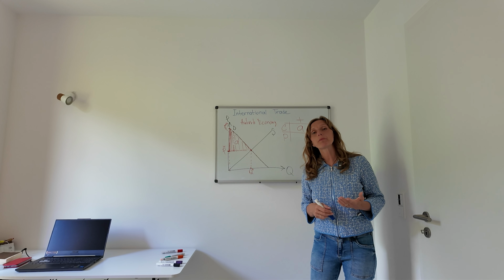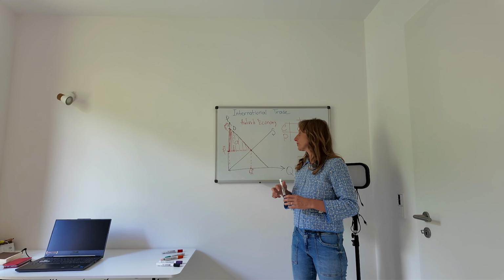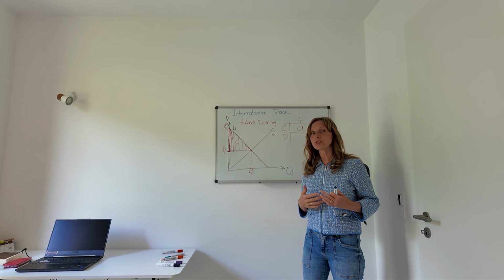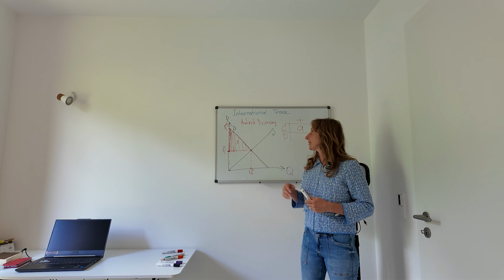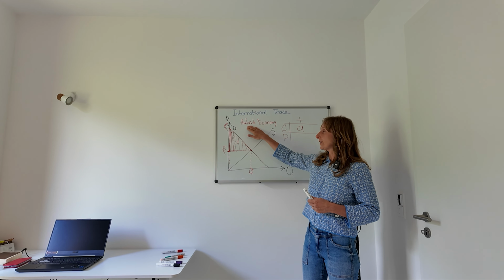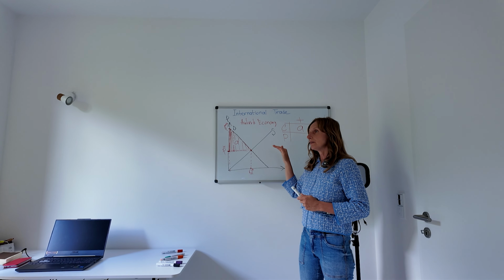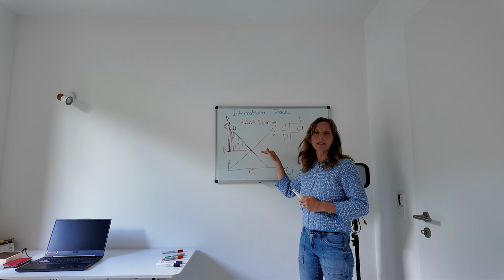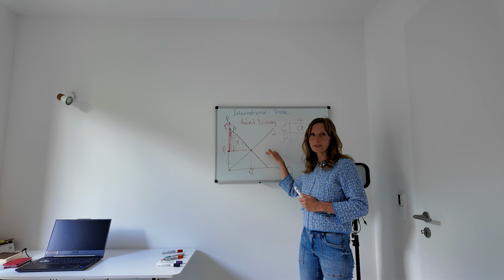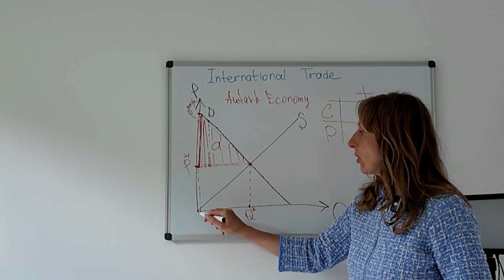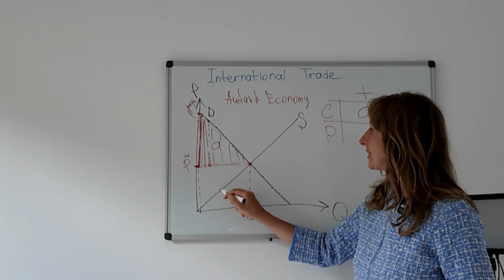Now let's talk about the producers of this country. Producers of this particular country do not have to deal with international competitors because this is, as we said, an autarky economy. So what they produce, they sell only in this country, on their domestic market. What we see here, there are also a lot of producers.